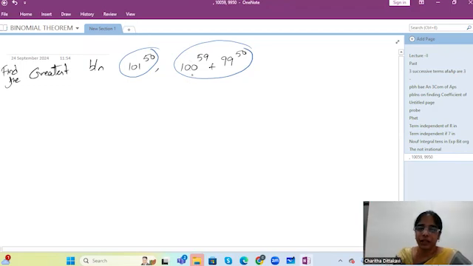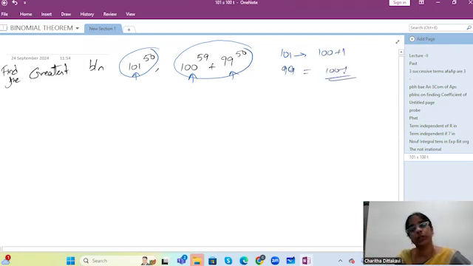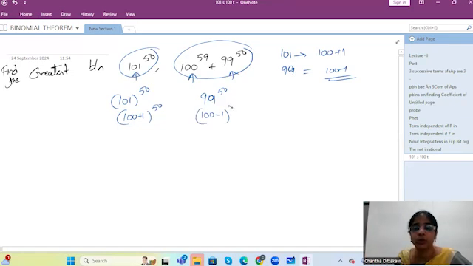So you have 100, 99 and 101. We know that 101 can be written as 100 plus 1, and 99 can be written as 100 minus 1. I am just going to apply this logic. So 101 to the power 50 is 100 plus 1 whole to the power 50, and 99 to the power 50 I am treating as 100 minus 1 whole to the power 50.